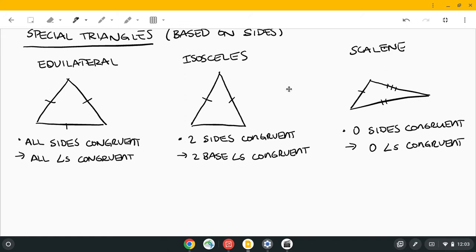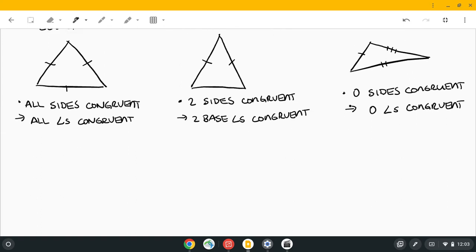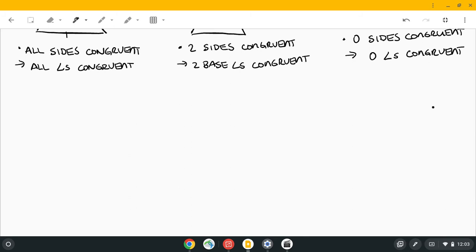We also have triangle classifications based on their angles. So let's take a look at those. This will be based on angles.